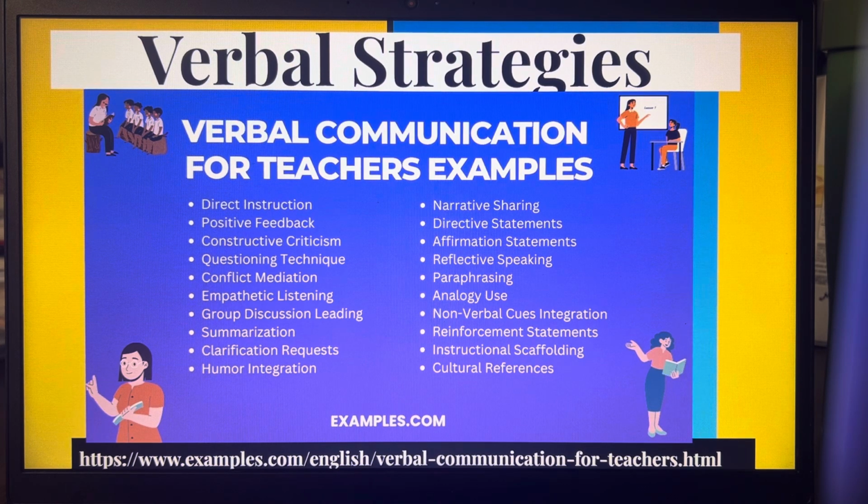However, there are other ways verbal communication can be used in the classroom and outside of the classroom. I use verbal communication a lot for positive feedback and constructive criticism. Constructive criticism is not to deter my students from behaving well, but to encourage them to do better and to do their best.